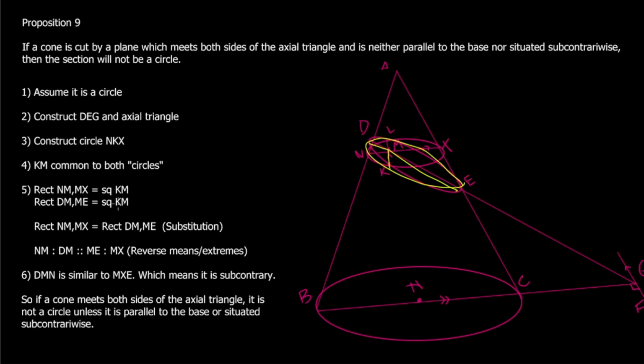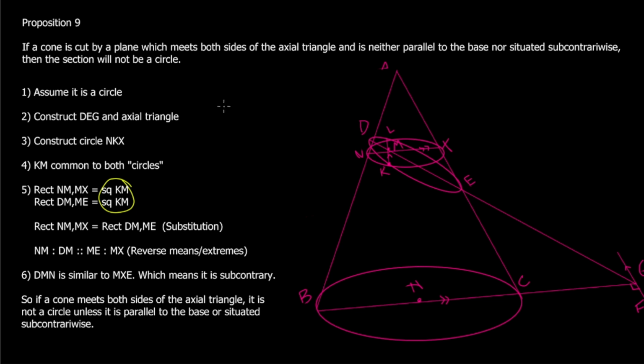On this circle, the rectangle NM by MX is equal to the square on KM. So you'll notice that the square on KM is in both of those equalities, so you can substitute. You can get that NM by MX is equal to DM by ME.